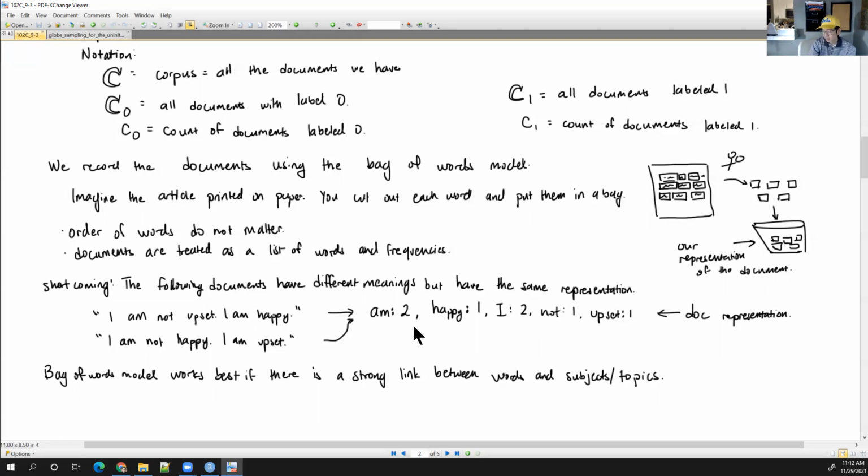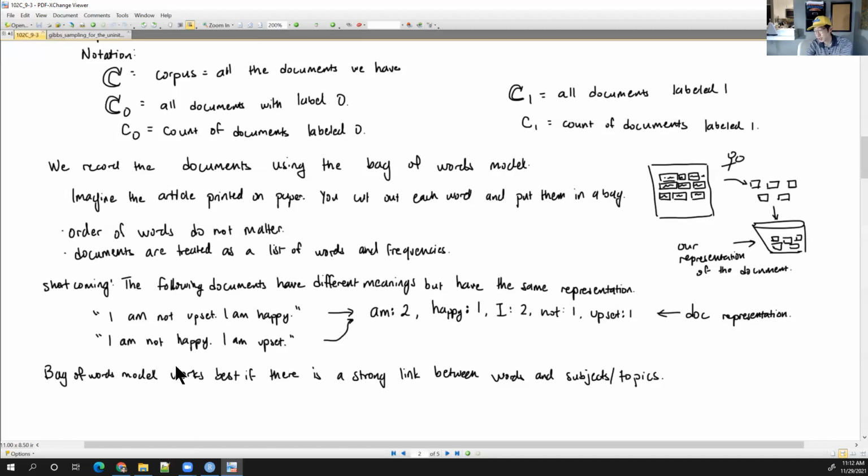And so this is one objection I have for using a bag of words model for something like sentiment analysis. Sentiment analysis is asking, is the sentiment, the general feeling of the statement, a positive statement or a negative statement?